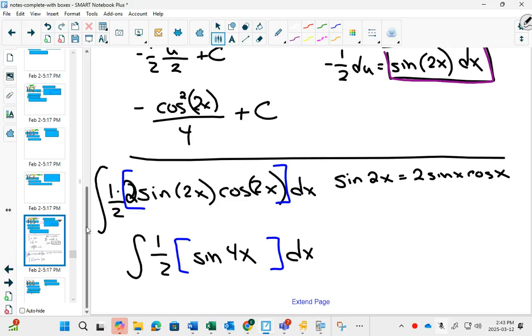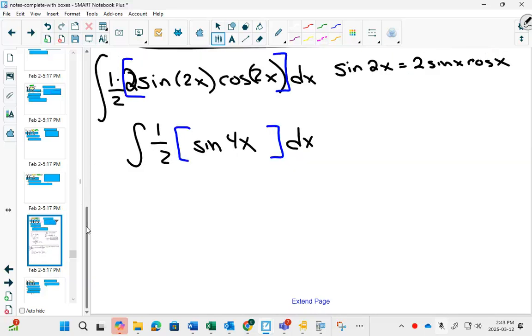And this is an integral you can do without substitution. Because the integral of sine is positive or negative cos? Negative cos, I have negative 1/2 cos 4x, and because it's a simple chain rule, where I would normally multiply by 4, I have to divide by 4 plus c.